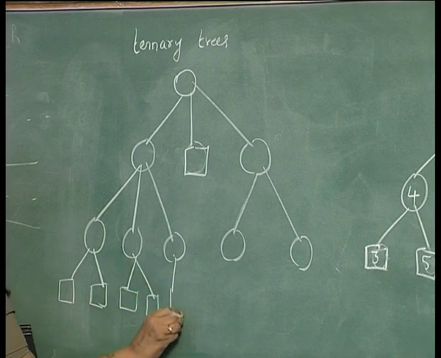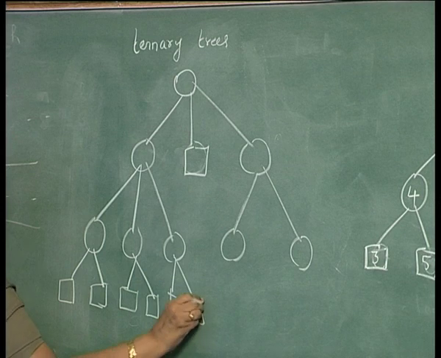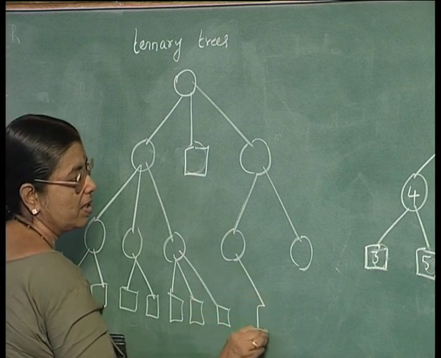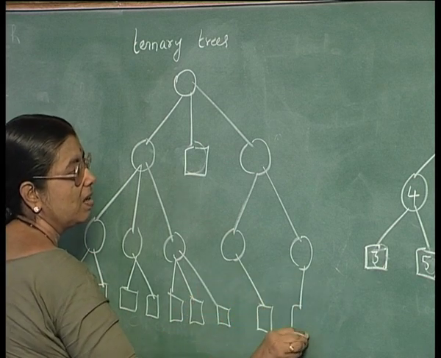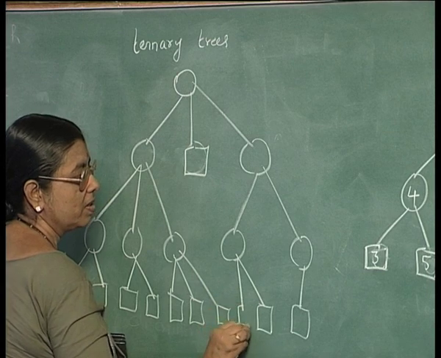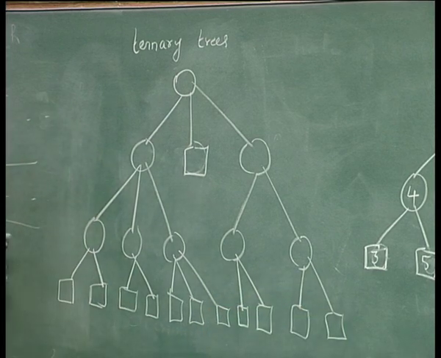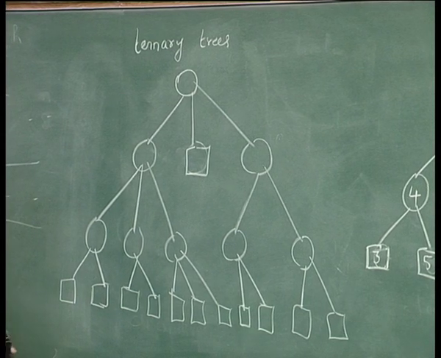This may have, say, 3 sons like this. This has got 1 son. And some records you store here. Let us see how they are stored.